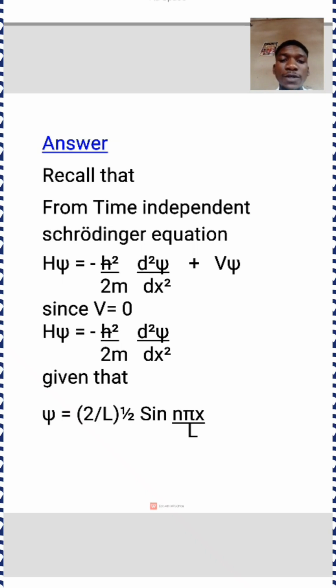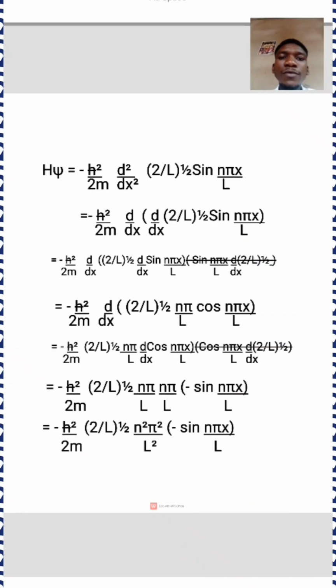Given from the question that the wave function is equal to 2 over L raised to the power 1 over 2, that is the square root of 2 over L, times sine n pi x over L. Substituting it into the Hamiltonian operator, Hψ is equal to minus h-bar squared over 2m times d squared over dx squared of (2 over L raised to the power 1 over 2 sine n pi x over L).